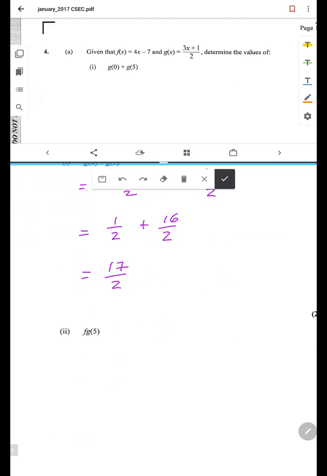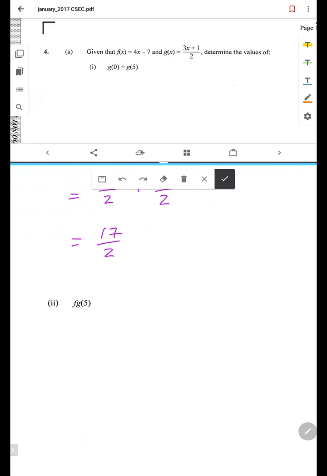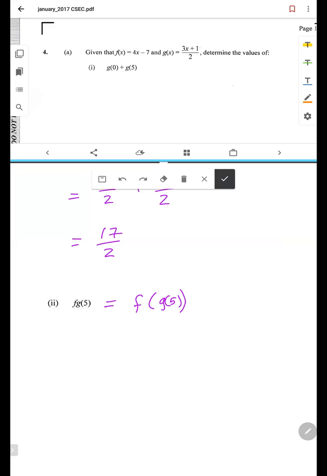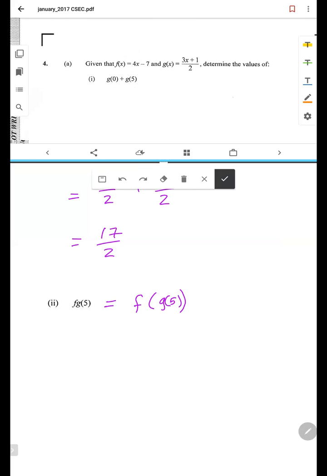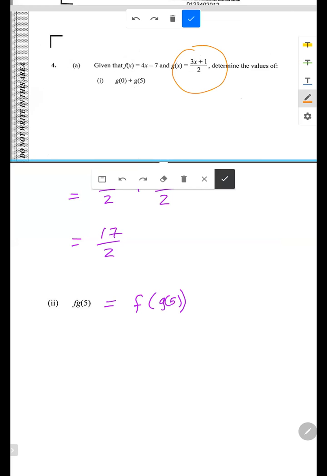This part now wants us to find f of g of 5. Now the f of g of 5 means you have to do the g of 5 first. So to do the g of 5, we're going to put the 5 in the g function, the g function which is up here.